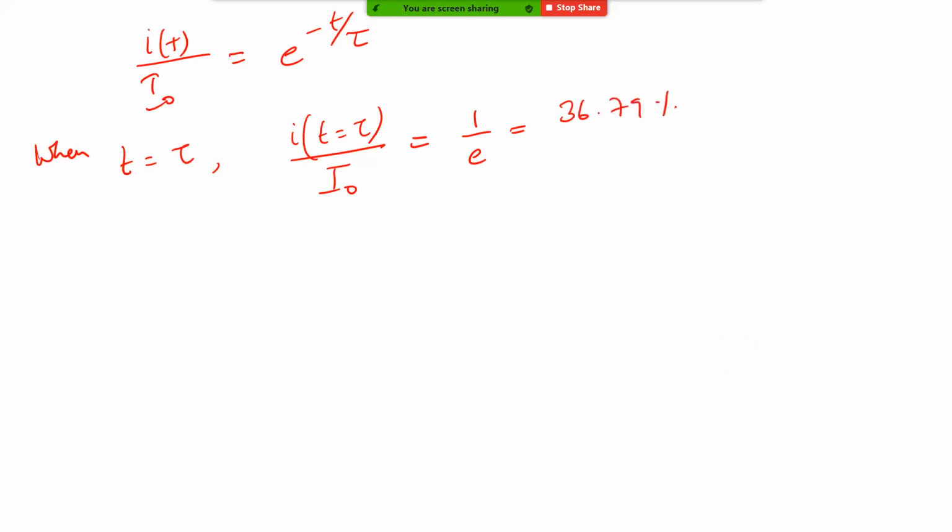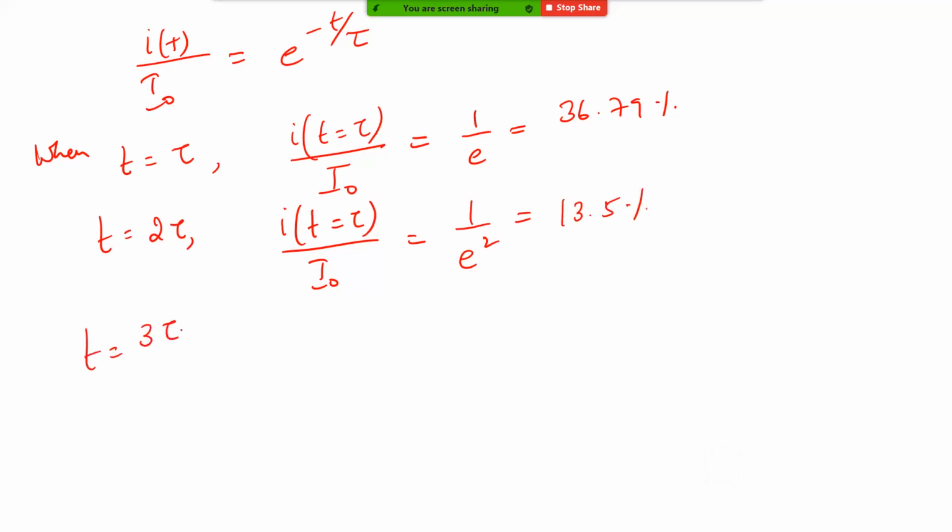Now, when t equals 2 tau, what will happen? It will be 1 by e squared, right? What is the value in percentage? 13.5%. When t equals 3 tau, 4.9%.